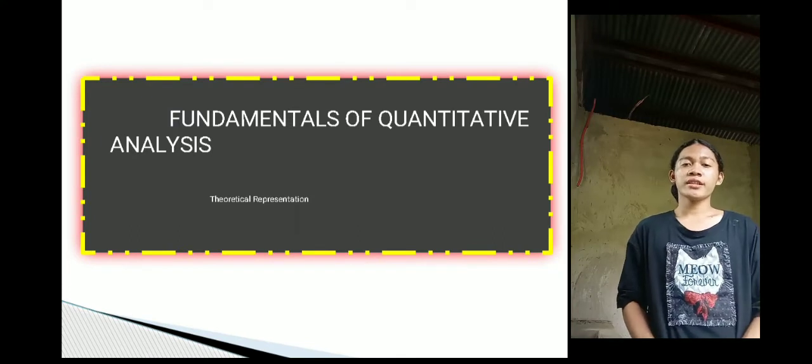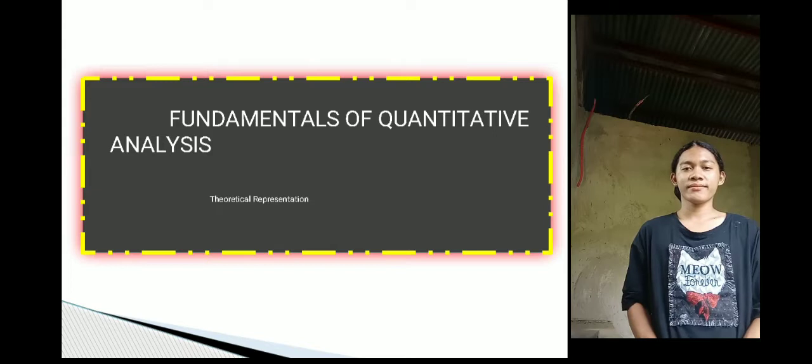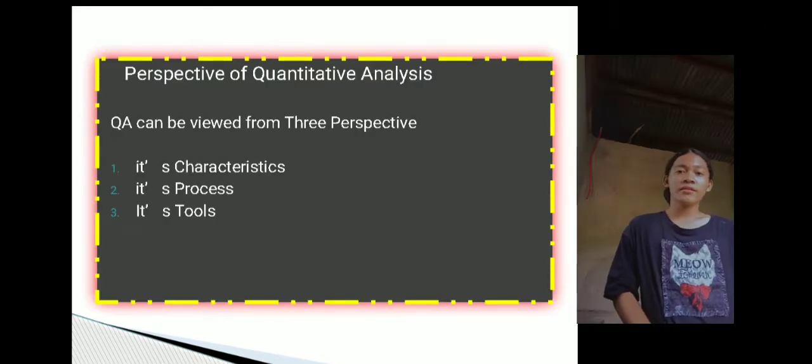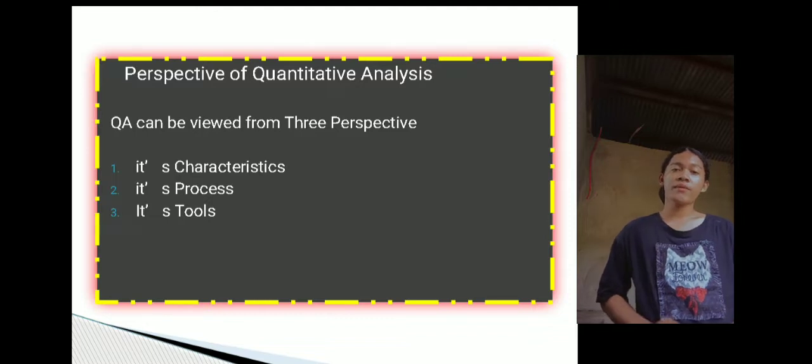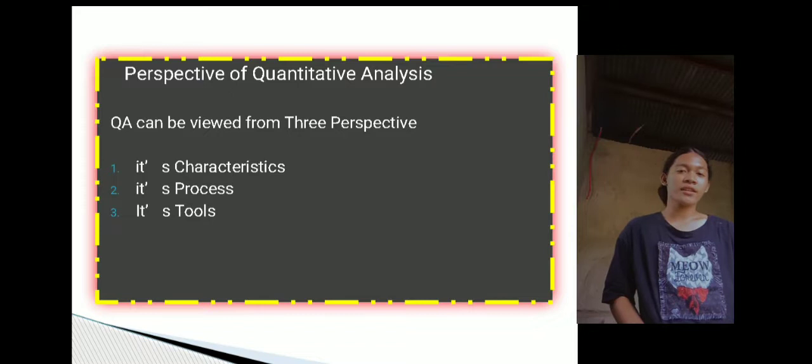So here are some fundamentals of quantitative analysis. Do you know that QA is viewed from three perspectives? First is its characteristics. Second, its process, and of course, its tools.